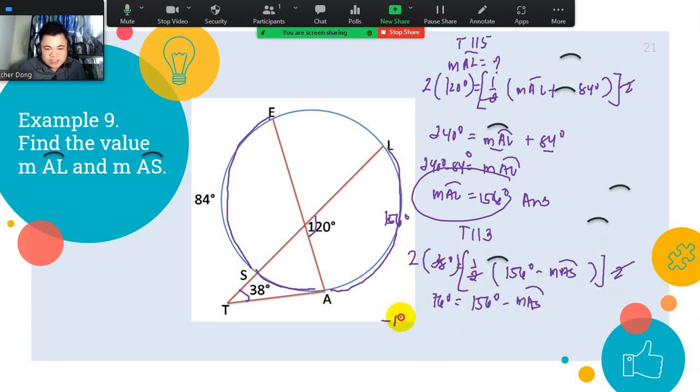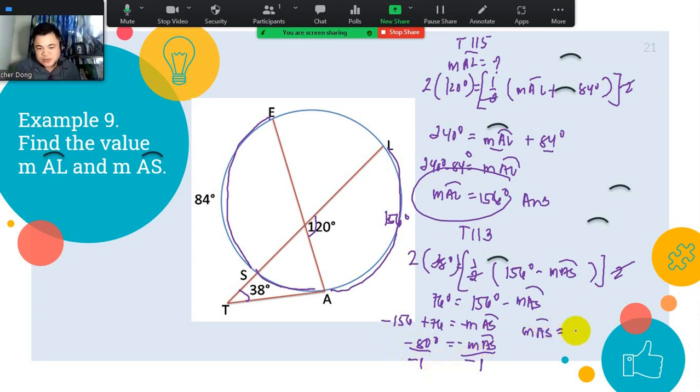Opposite of 156 is negative 156 plus 76, bring down, and then negative measurement of arc AS. So negative 156 plus 76 is negative 80 degrees, equals negative measurement of arc AS. So, to finally get the answer, divide both sides by negative 1. So measurement of arc AS is equal to 80 degrees.